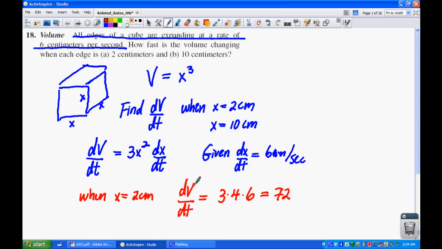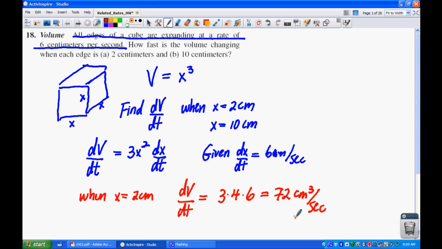And now, let's talk about the units. Since we're talking about the change in volume, our units initially were given to us in centimeters, so volume is units cubed. So we should have centimeters cubed, and our time factor was seconds. So the volume is changing at a rate of 72 centimeters cubed per second when the edge is at 2 centimeters.